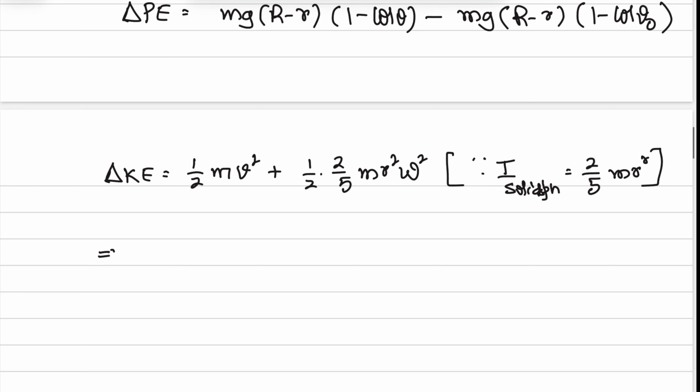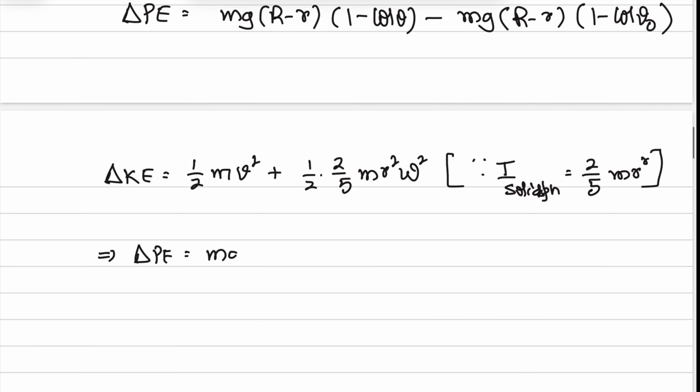Now, tell me, what is the change in potential energy? Mg into R minus r into 1 minus cos theta, minus 1 plus cos theta naught.